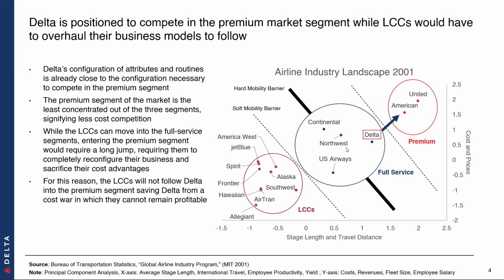You can see where Delta is relative to its competitors. You can see where Southwest is, and it's easier to determine, for instance, just by looking at this, that Southwest is not really a direct competitor with United. In fact, they're much more of a direct competitor with Allegiant than they are with United.